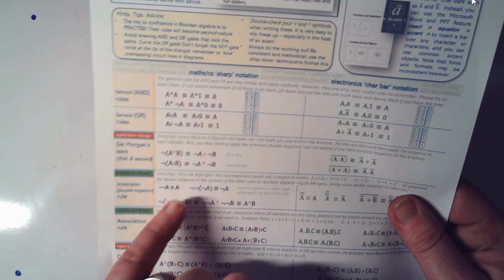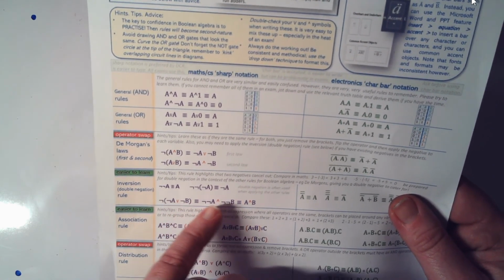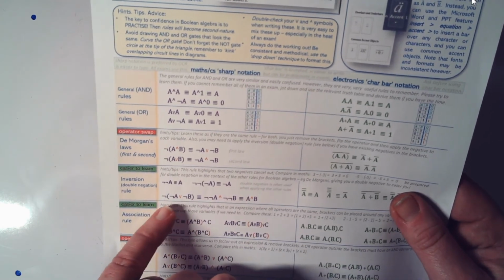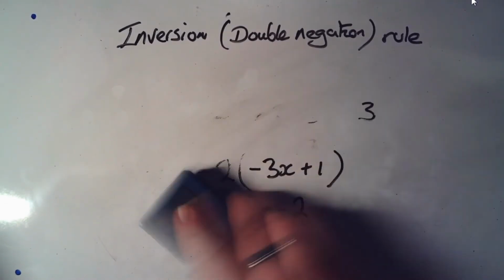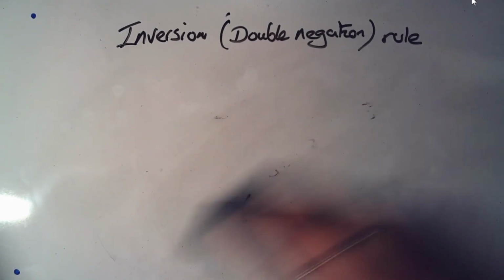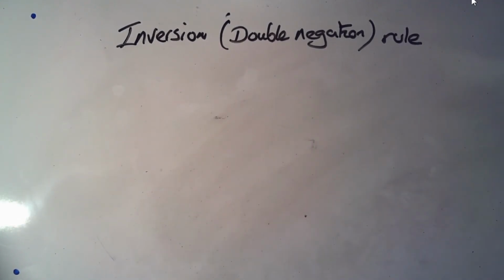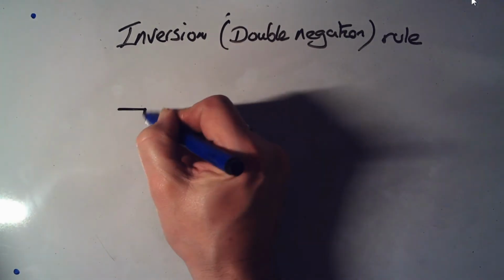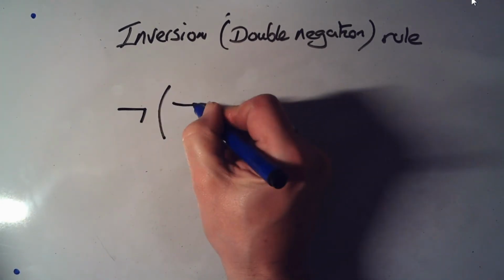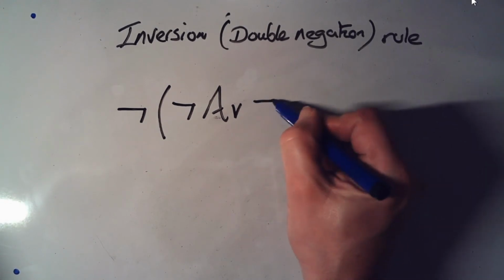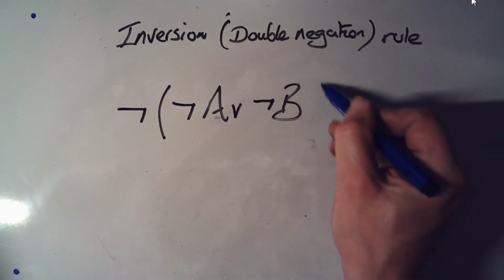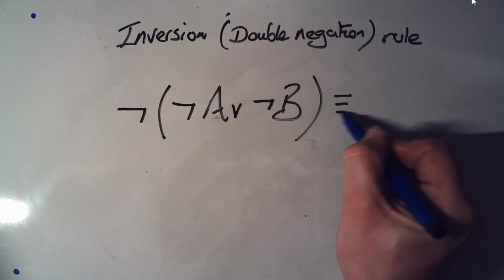And so I'll give you an example of what that means with this particular example that I've popped in the help sheet. Let's say that we are asked to simplify this Boolean expression, and the expression that I've given you is negative, and then we have negative A, okay, and then we have or negative B. All right, and we want to find a way to simplify this.